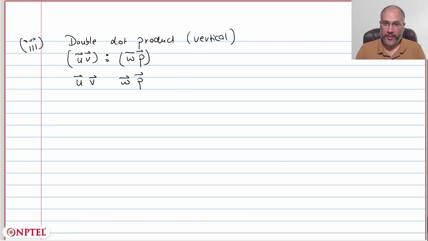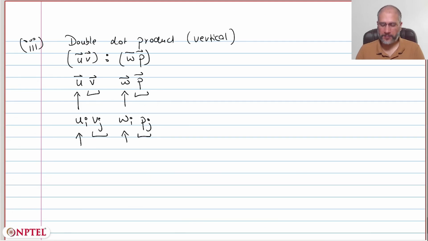So in the horizontal one, we did a dot between this and this. So here what we'll do is, we'll do a dot between V and P, and then a dot between U and W. So if I maintain the orders as in the initial notation, although that's not required, I have a UI Vj, and then I have a Wi Pj, because V is dotted with a P and U is dotted with a W. So their indices have to be the same. Okay, so this is the vertical double dot product.